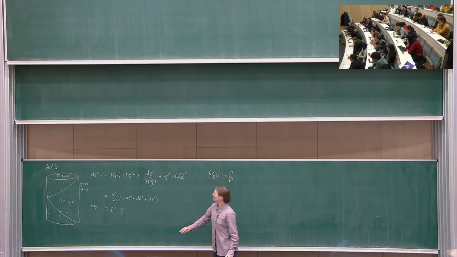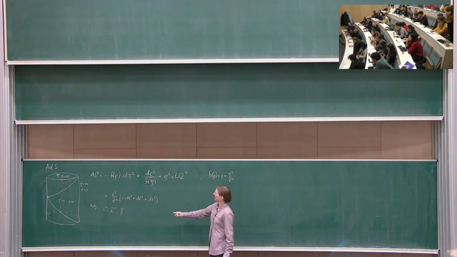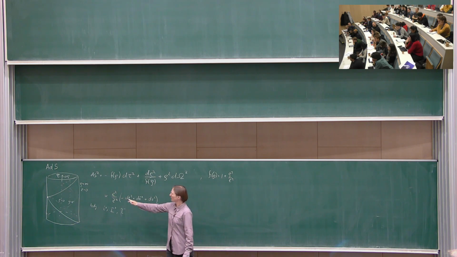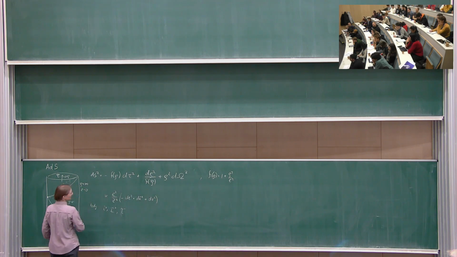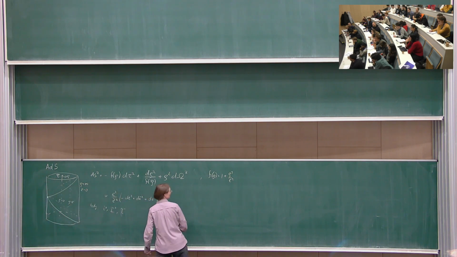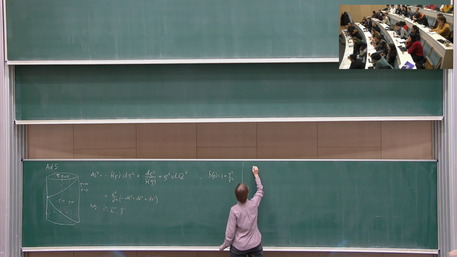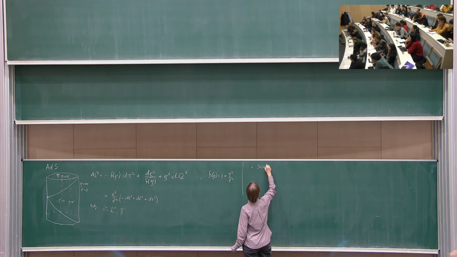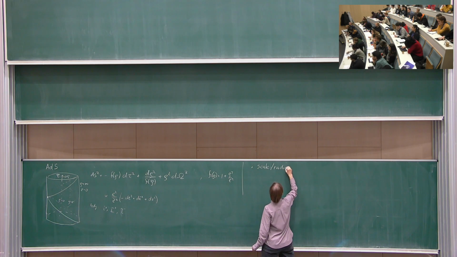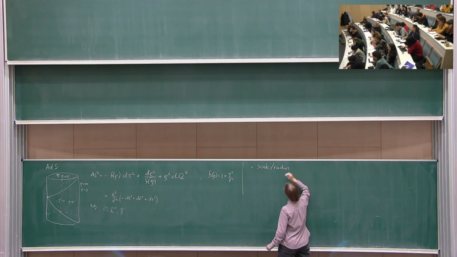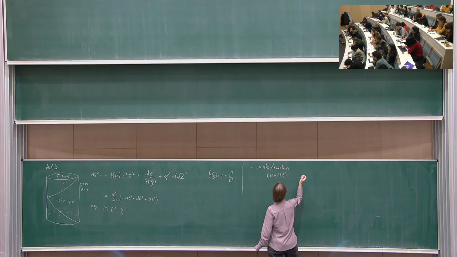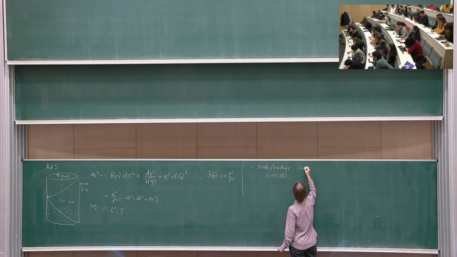We ended with talking about the scale radius duality, which was the observation that the UV, so maybe I should write that from last time. So scale radius, also known as UV/IR correspondence or duality or whatever.